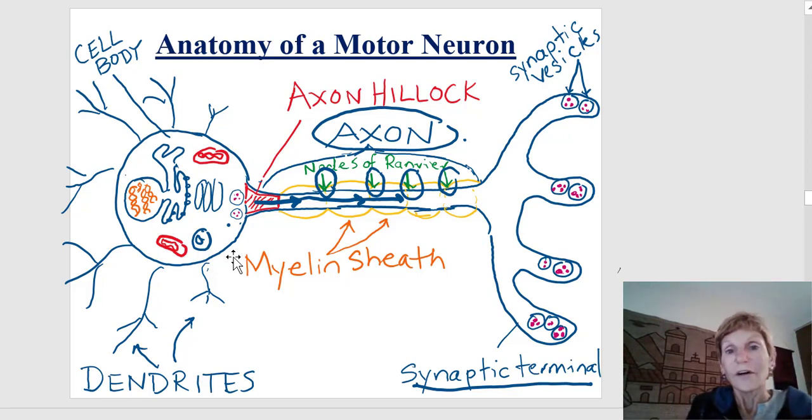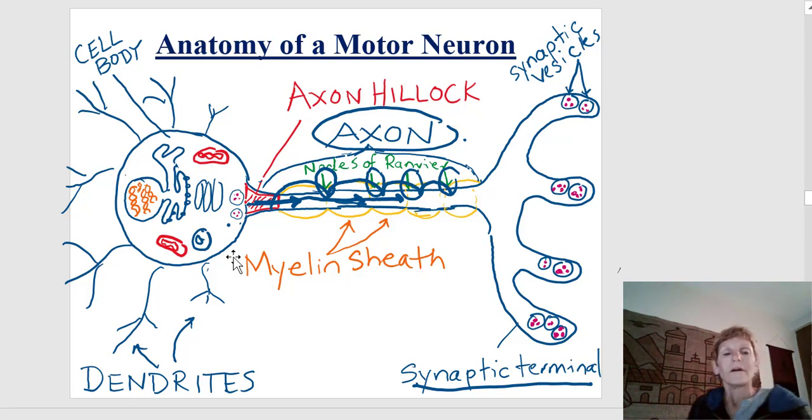And then the only place where you can get in or out is at these nodes, where they're going to go in because the channels cause them to go in through facilitated diffusion. And so literally massive amounts go in here as it moves down, more in here, more in here. So it's almost like the signal jumps and goes very, very fast.